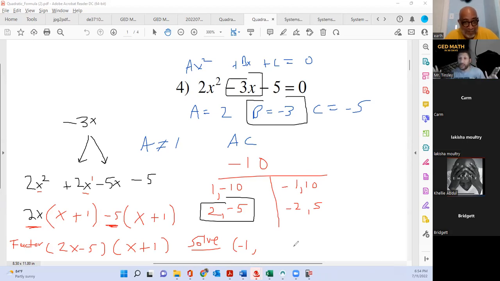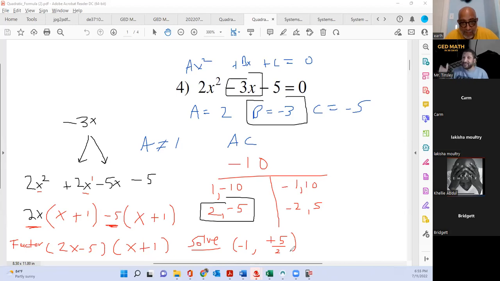No. So 5 didn't work. But you're on the right path. So we take plus 5, because the opposite of minus 5 is plus 5. And then put it over the coefficient of x. So your solutions to this quadratic equation would be -1 and 5/2.